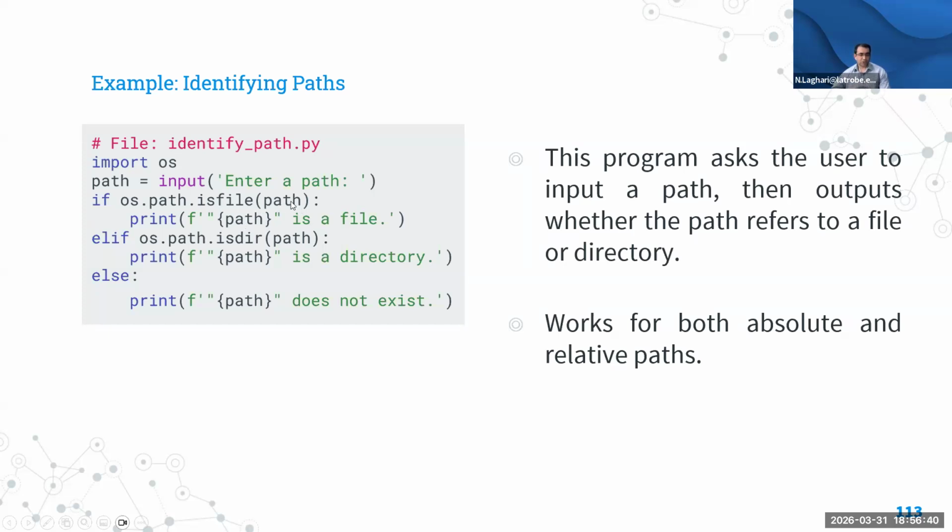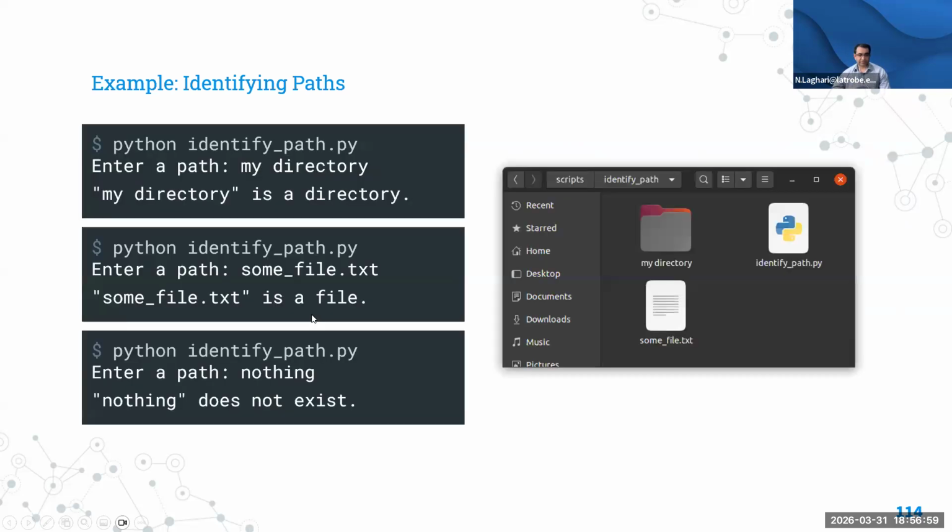So is file on the path. If it is a file, it returns you true, and you can write that this is a file. If the path is a directory, it returns directory. And if it is nothing, you say that it does not exist.